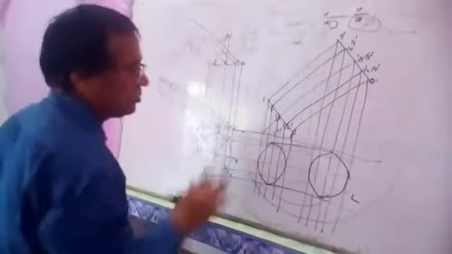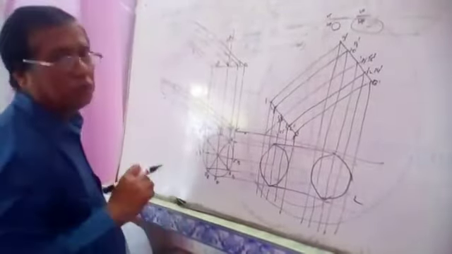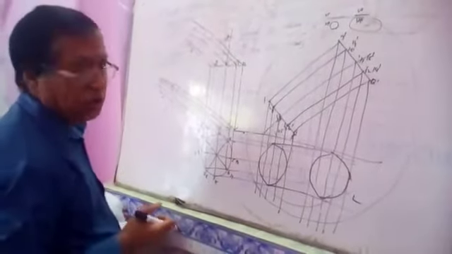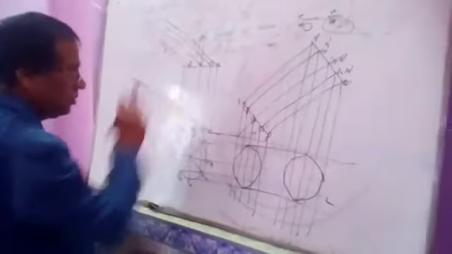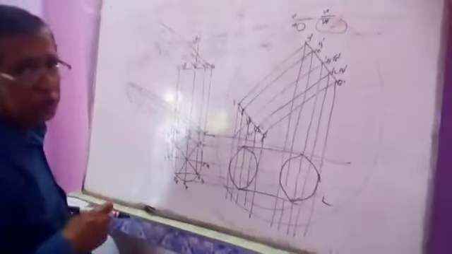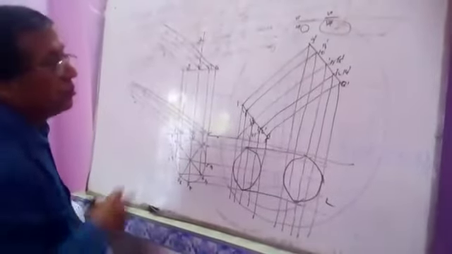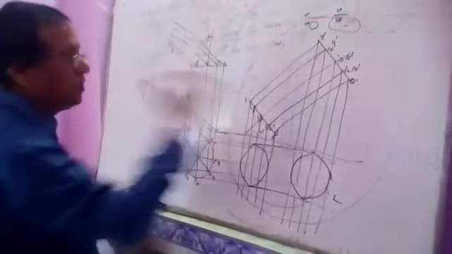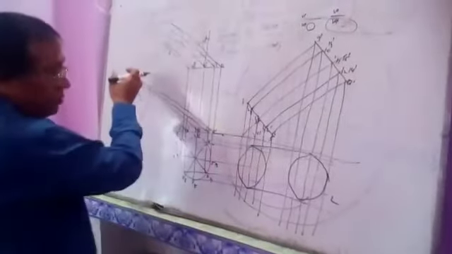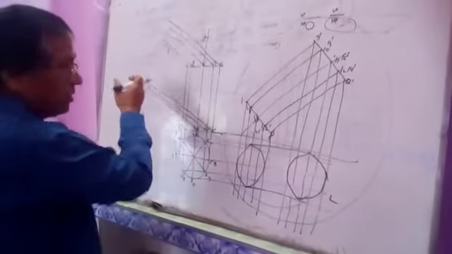But when problem will be complicated, it will be very difficult to draw a single view, single elevation, then it will be more difficult to copy it. So in place of repeating it, we use this method.